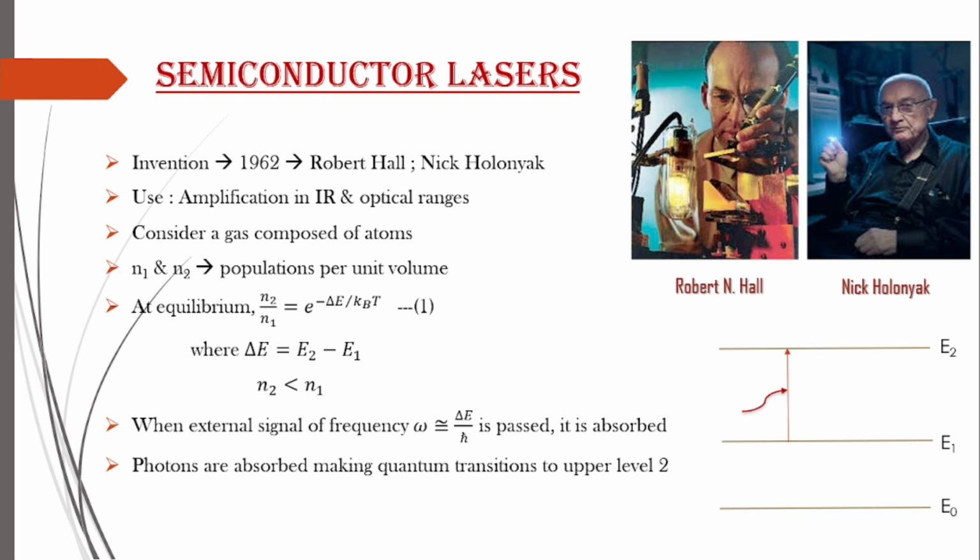The higher energy state is unstable, so those electrons in E2 will come down to the lower energy state, that is, de-excitation takes place and photons are emitted. Their corresponding energies will be equal to h cross omega.